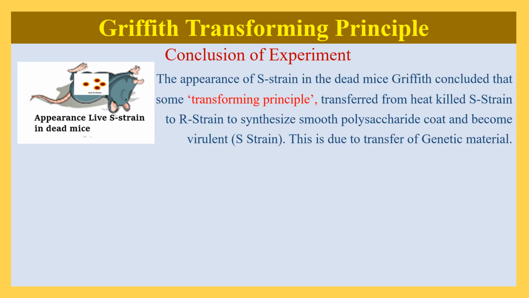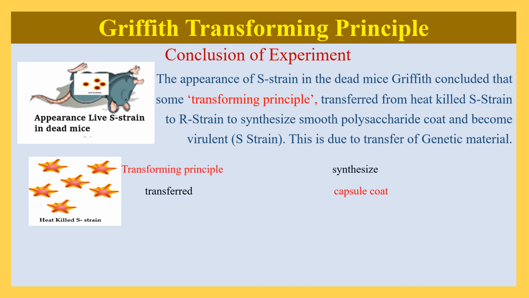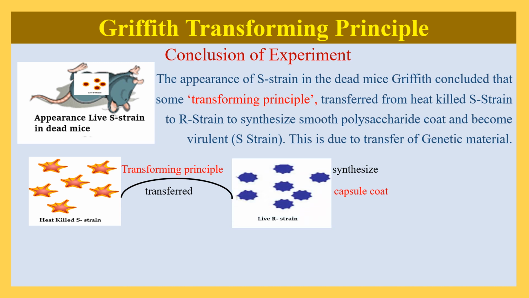From this, he concluded that some transforming material was transferred from the heat-killed strain to the R strain. Hence, around the R strain, a capsule coat is synthesized. Hence, R strain becomes S strain.